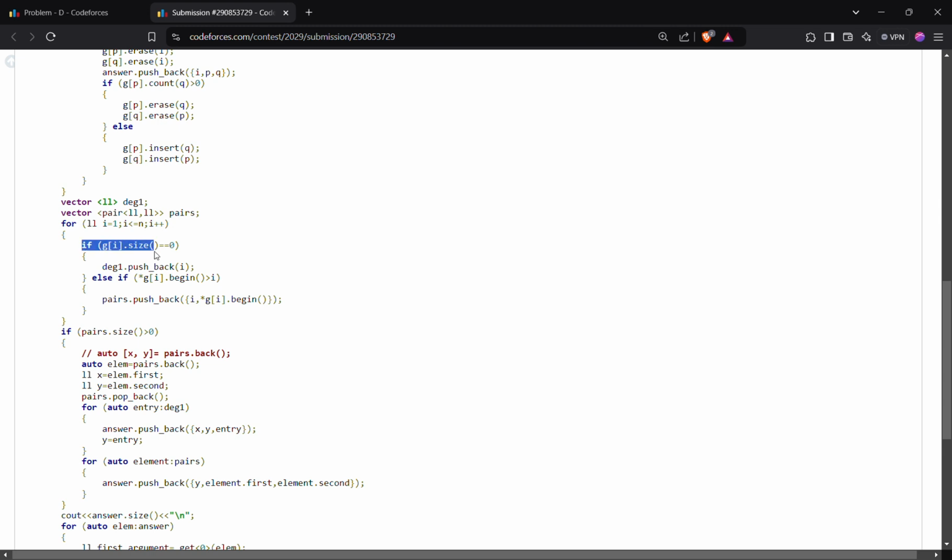If g of i dot size is equal to 0, then degree1 dot push back i. And if g of i dot size is not 0, it means there exists a pair. What this condition is doing is preventing duplicate pairs from getting pushed back to the pairs vector.